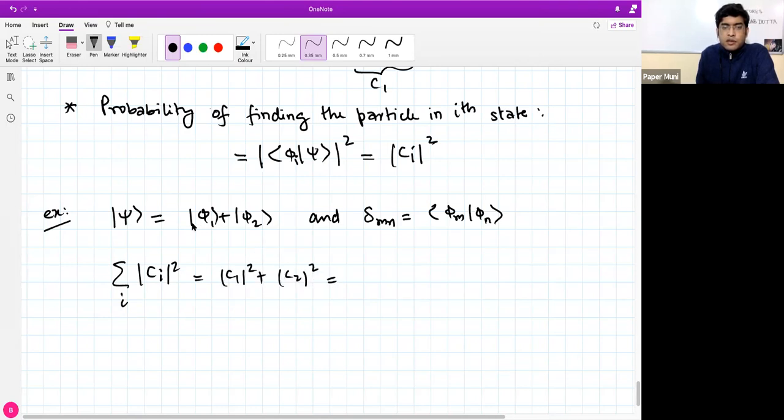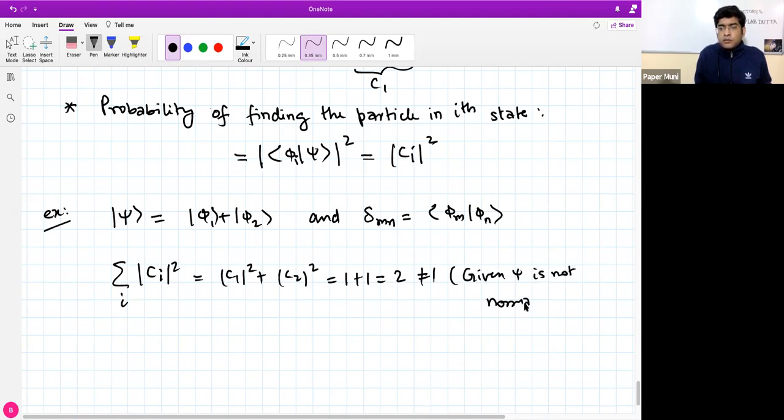This is 1, this is 1, so in both cases it's 1, and the sum is 2. So this is not equal to 1, so the given psi is not normalized.